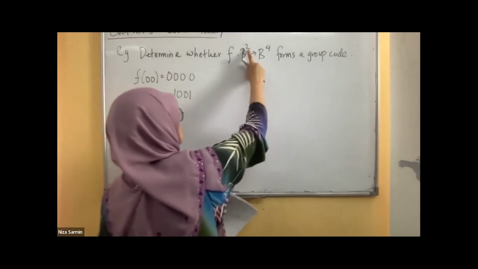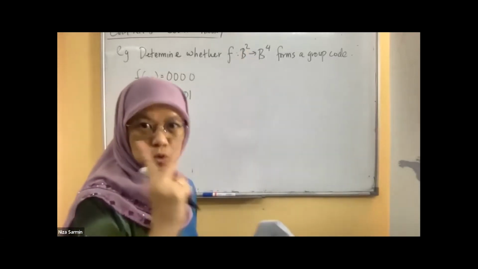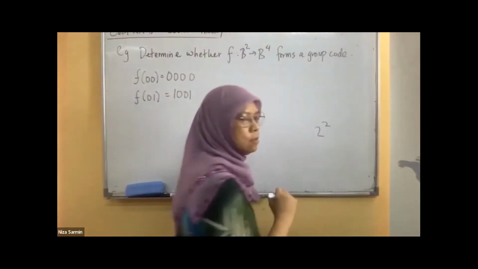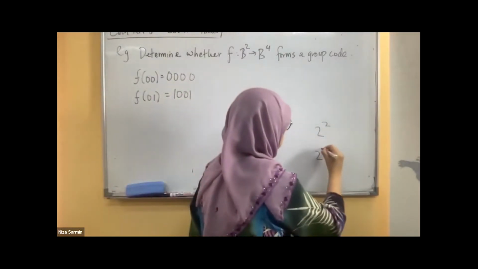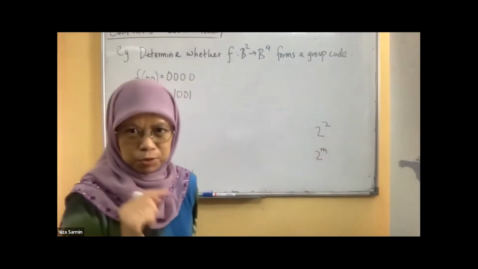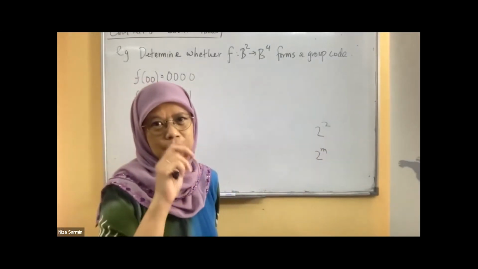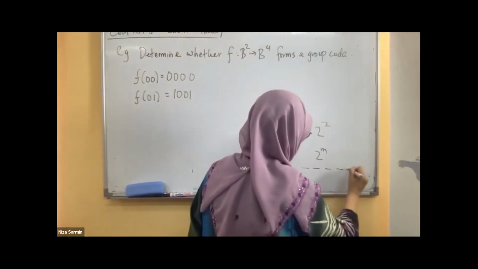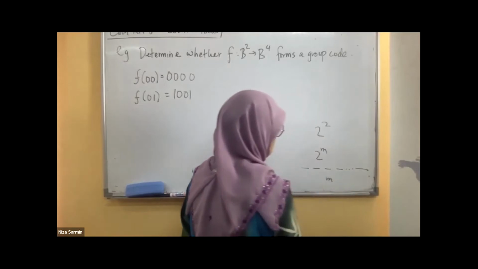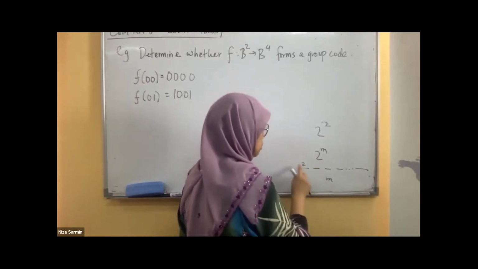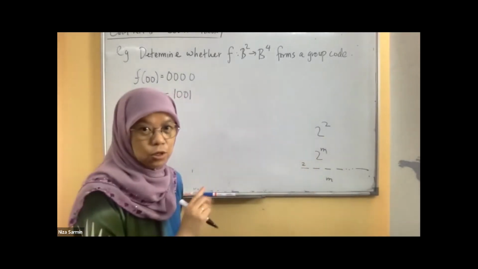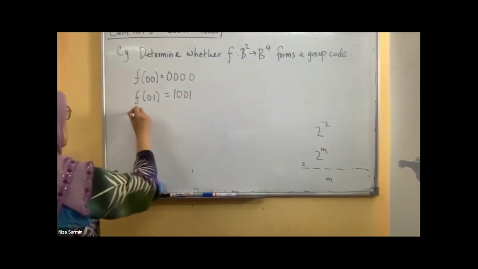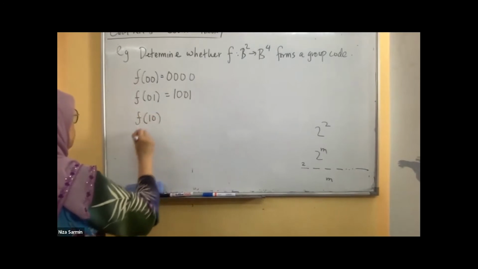You see, this is B2. B2 means 2 to the 2. It's always 2 to the M. How many possibilities? There are M of them, and each one has 2 possibilities, zeros or ones. So the possibilities will be 2 times 2 times 2, 2 to the M. So I know that I will have 4 of them.